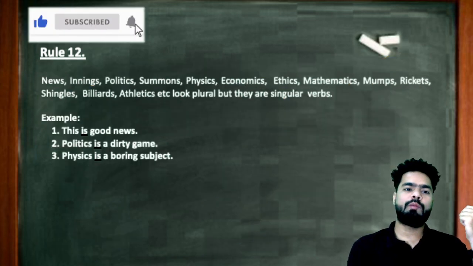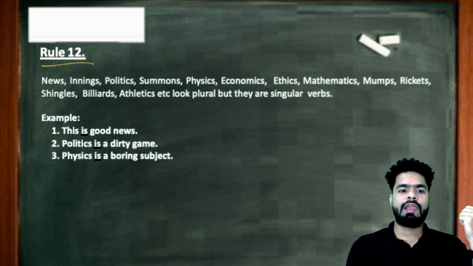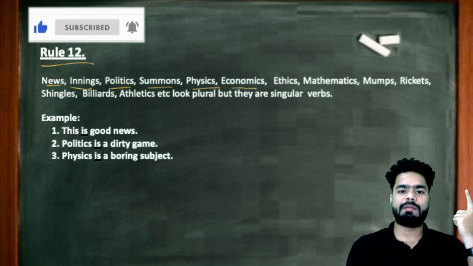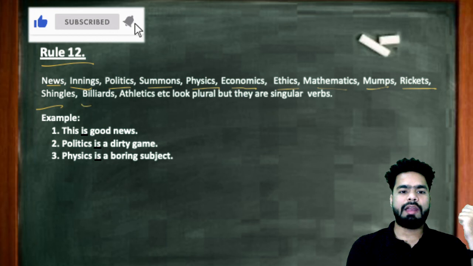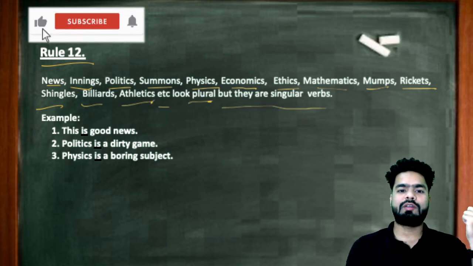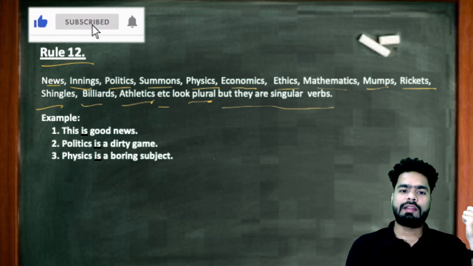Now we are moving to our last rule, rule number 12. News, innings, politics, summons, physics, economics, ethics, mathematics, mumps, rickets, shingles, billiards, athletes, etc. look plural, but they take singular verbs. Why do they look plural? They have s at the end.